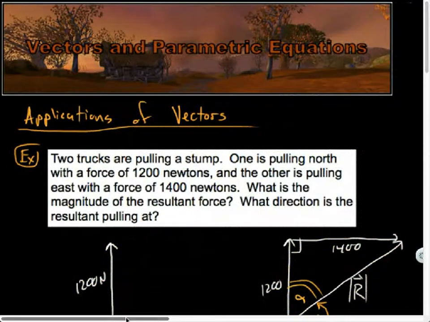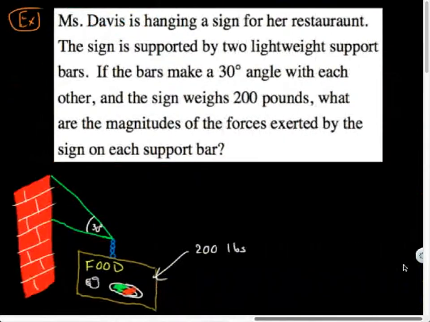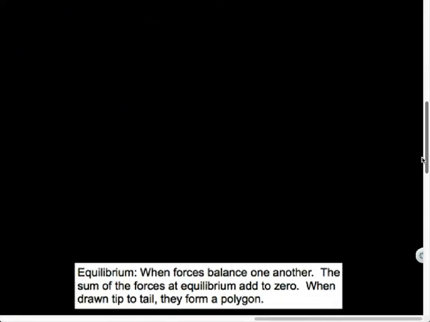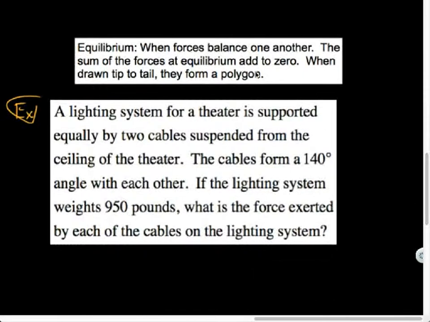The next thing I want us to think about is in that realm of statics that I was describing, in which I might even skip down to this first. Equilibrium occurs when forces balance one another, all right? Or the sum of the forces at equilibrium add to zero. So there's no resultant force, or the resultant force is a zero vector.